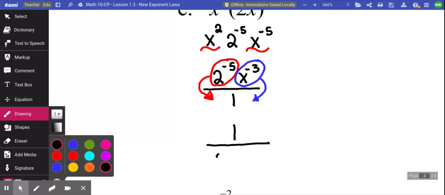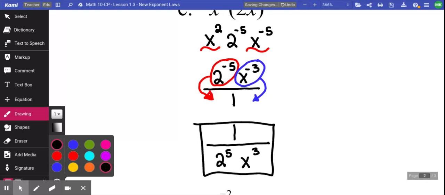The denominator would be 2 to the power of 5, x to the power of 3. And that's my final answer. I now have all my letters combined, and I have positive exponents. Yeah, for sure.